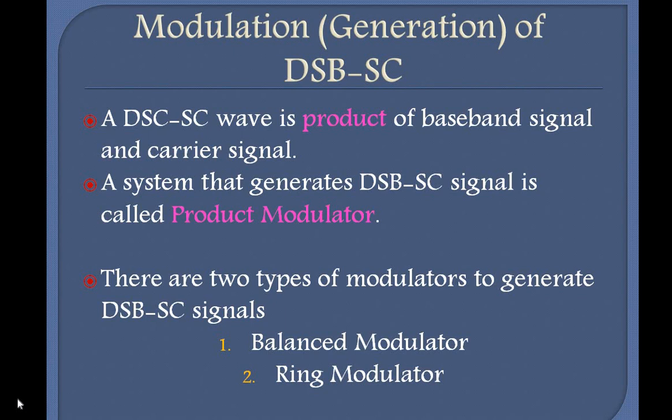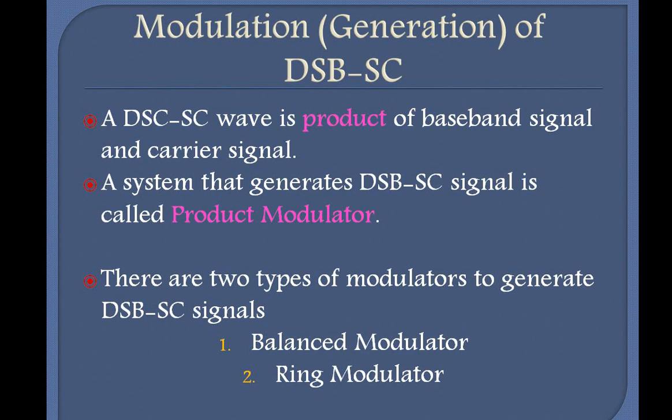To get that DSB-SC wave, a product should be done between the baseband signal, that is nothing but the message signal, and the carrier signal. To generate that product output, we use a device called a product modulator. A system that generates a DSB-SC signal is called a product modulator, which uses both the baseband signal as well as the carrier signal.